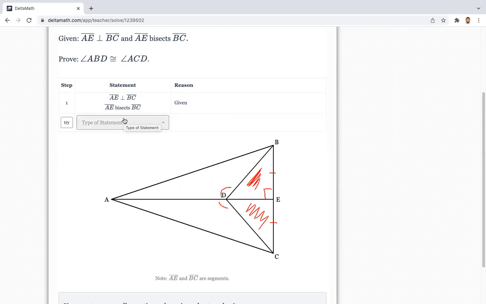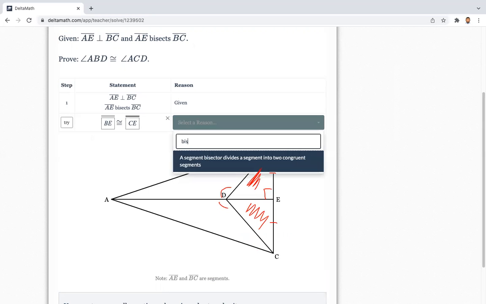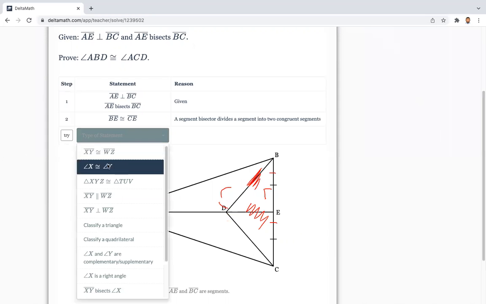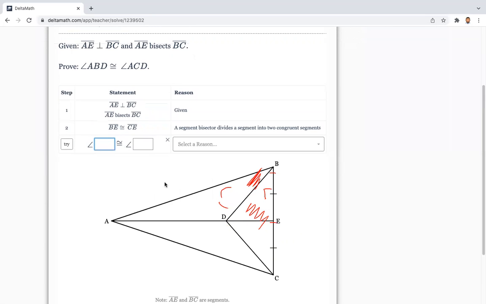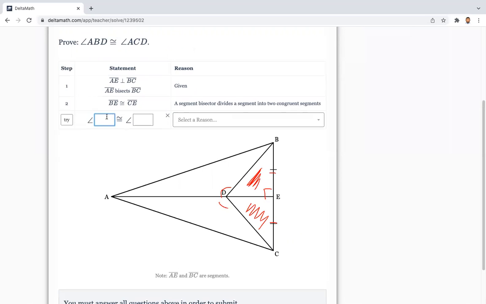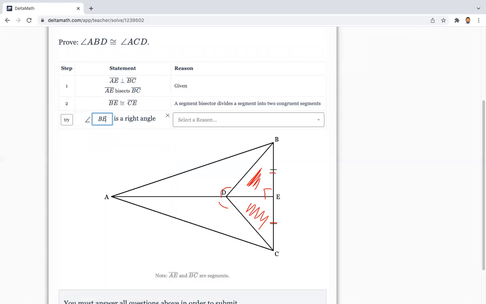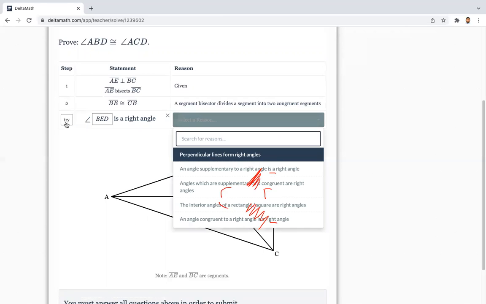I first probably want to say that BE is congruent to CE. That is by the definition of bisect. I want to state that, ooh, it's moving all over the place, huh? I want to state that angle BED is a right angle by the definition of perpendicular lines.